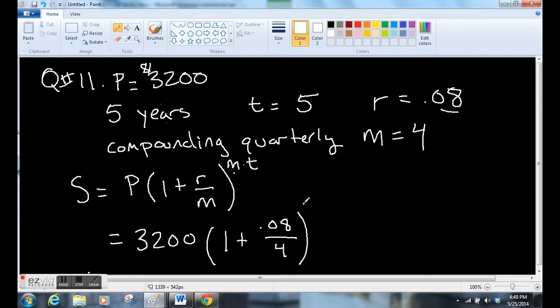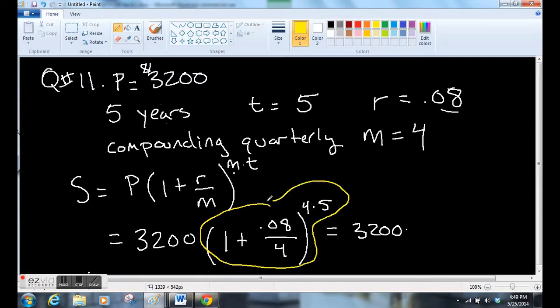M up here, 4 times T, 5. So all of this becomes $3,200 times this whole piece. If you plug this into your calculator, start on the inside and then raise it all to the 20th, that's 3,200 times 1.485947 approximately.